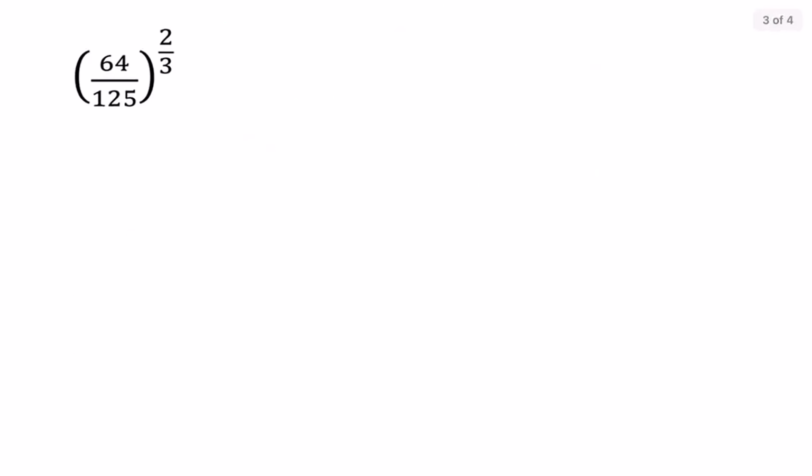64 over 125 raised to the 2/3. So rewrite this. The denominator of the exponent is the root. So this is the third root of 64 over 125. 2 is the exponent, so we can raise this to the second power.